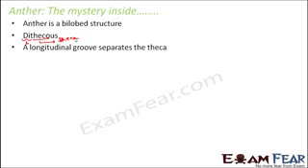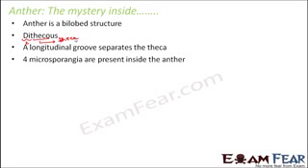A longitudinal groove separates the theca. Now, what separates the two sac-like structures? It is separated by a groove-like structure. And what is present there? Now, there are 4 microsporangia which are present inside the anther. Now, what is microsporangia? Micro means small and sporangia represents a structure that produces spores.